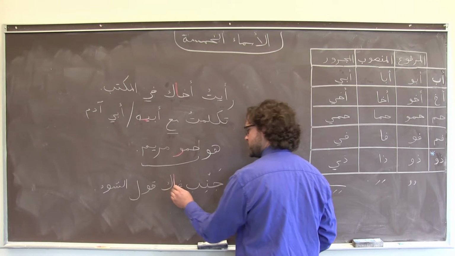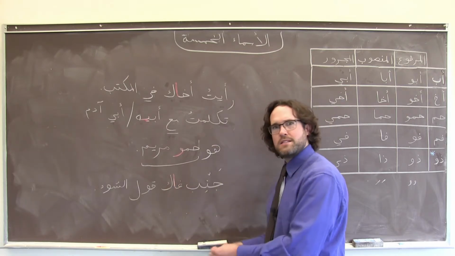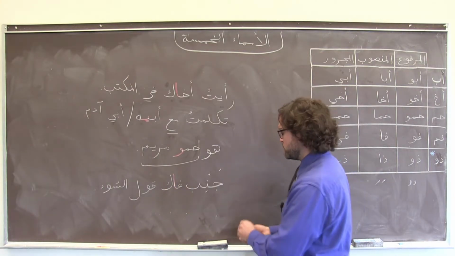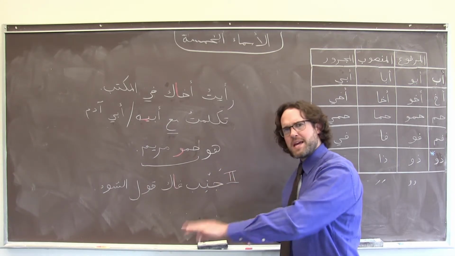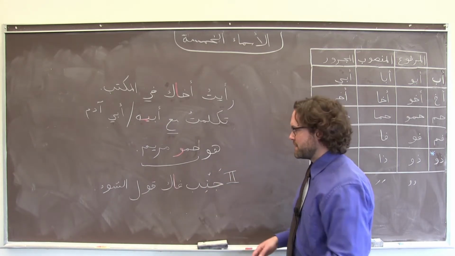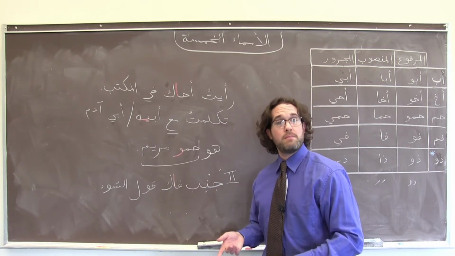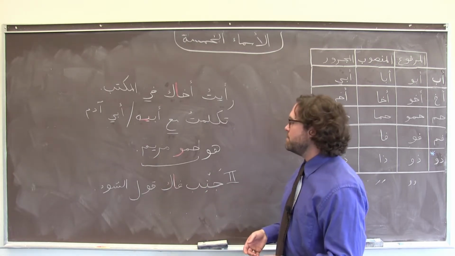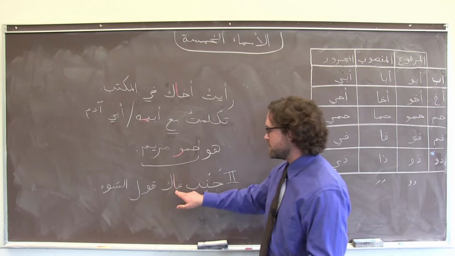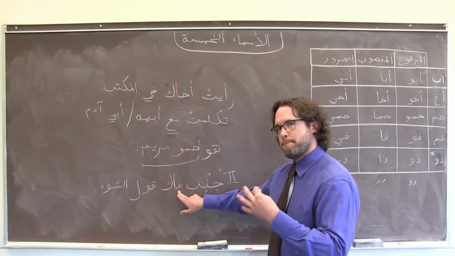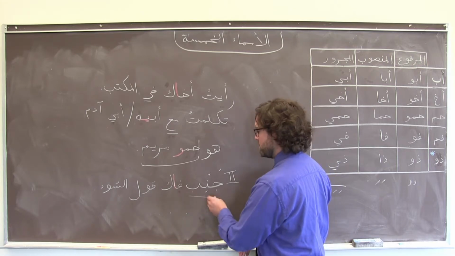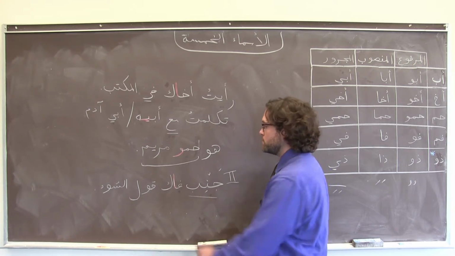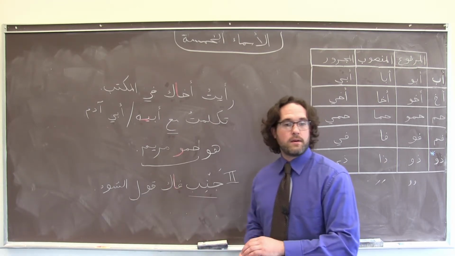Jannib fak comes from a root that means avoiding, but in this case it's a form 2 verb meaning prevent or make someone or something avoid things. So don't say bad things, essentially. Jannib fak qawl su. And because fam, mouth here, is the object of jannib, it needs to be mansub, so we have our alif there.